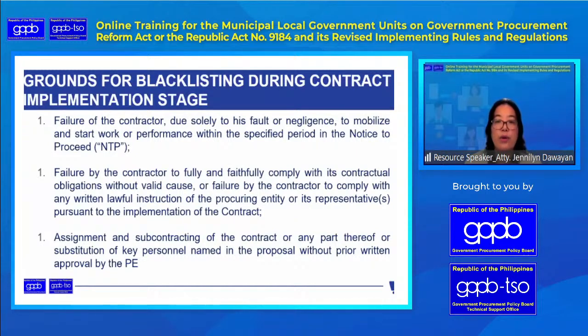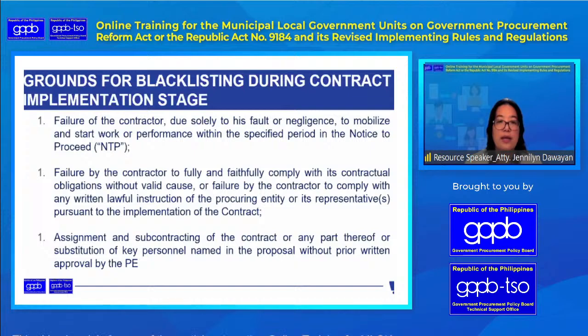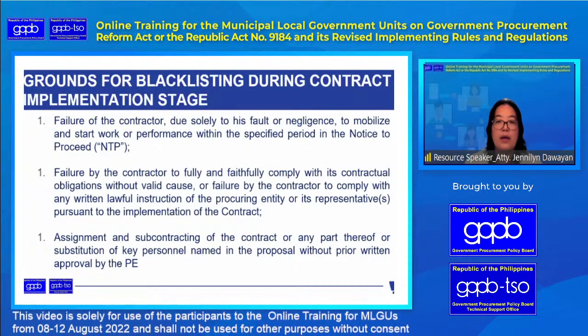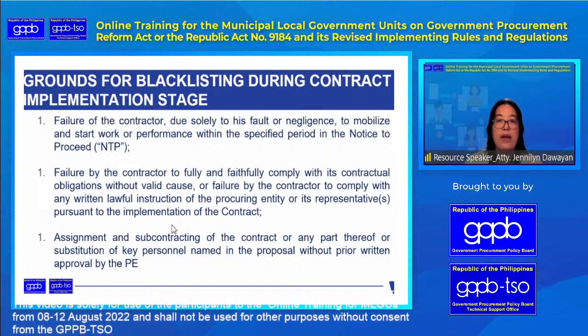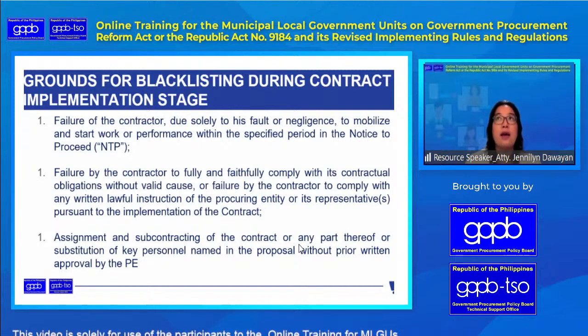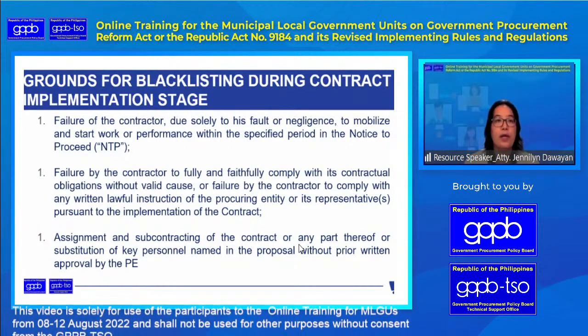So ano po yung example? Ano po ba yung example nito na failure to comply with the instructions? So ang example nito would be, sinabi mo doon na meron kang technical personnel and you in fact indicated it in the organizational structure in the key personnel requirement which you submitted as part of your technical documents, no?